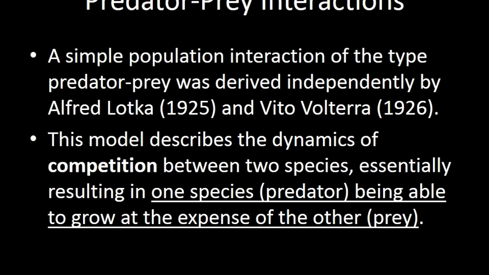So these are two species competing against each other. And this essentially results in one species being able to grow at the expense of the other. The species that is able to grow at the expense of the other we call the predator, and the one that gets grown upon, at the expense of, is what we're going to be calling the prey.